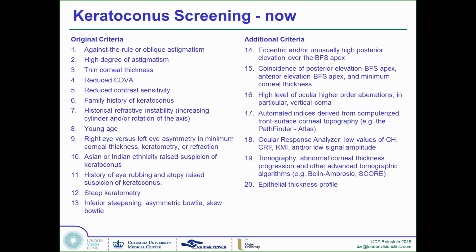And when the signs are mild, then you start overlapping into the normal topography or tomography or epithelial thickness profile elements, and that's where we're concentrating our efforts, because these are the people who can slip through a screening system, end up with surgery, and obviously with an accelerated ectatic process.